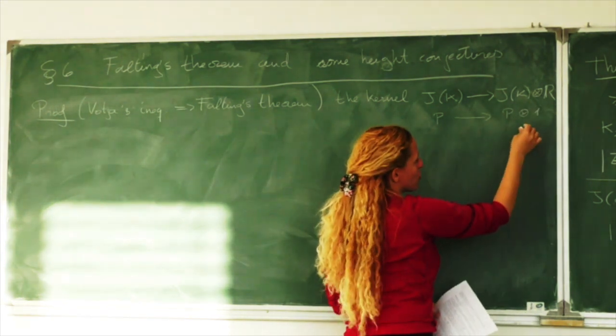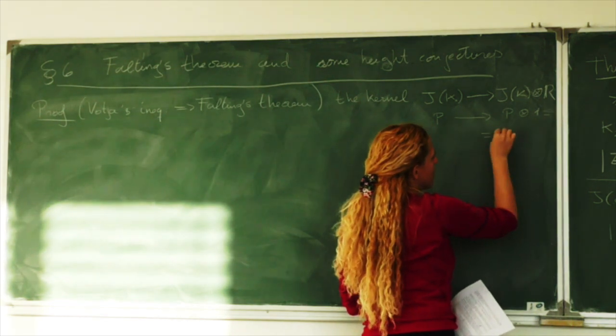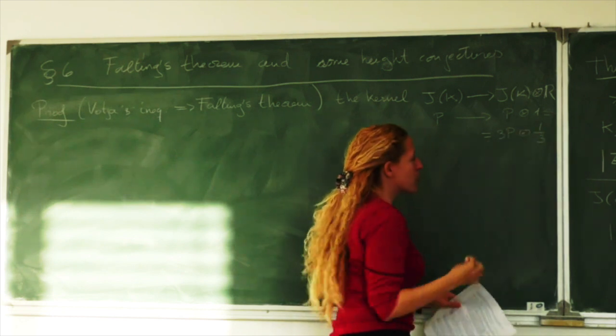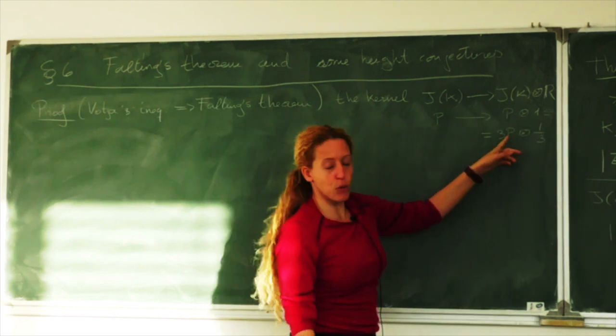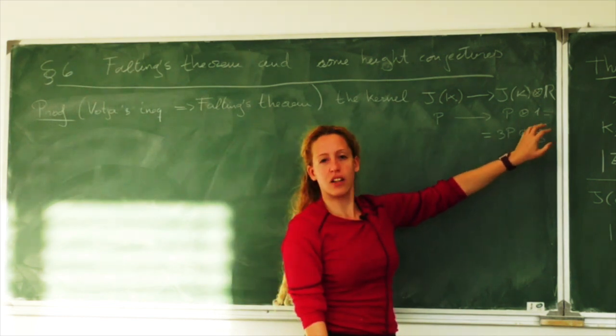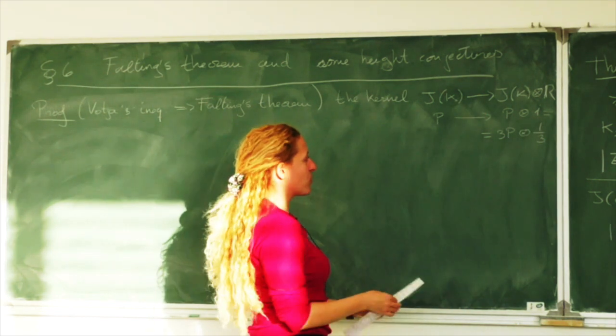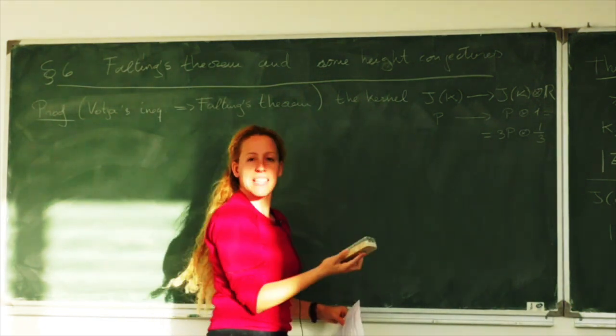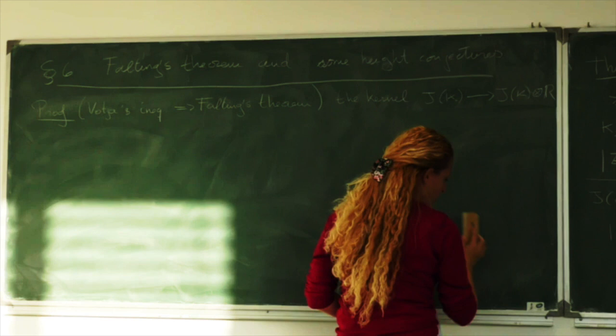But because this is the reals, this is the same thing as 3 times P tensor 1/3. But if the order of P is equal to 3, then this is going to be 0. So the kernel of this map is the torsion points. Okay.